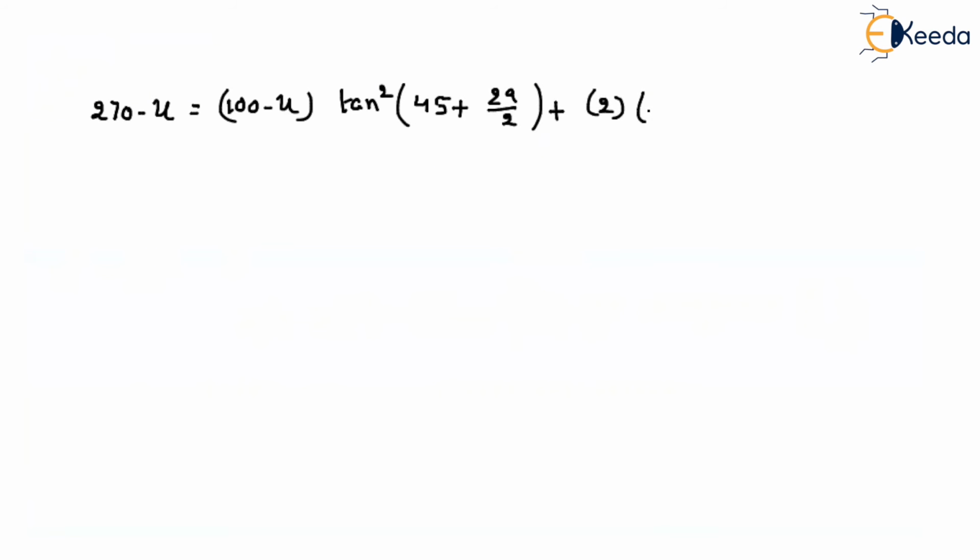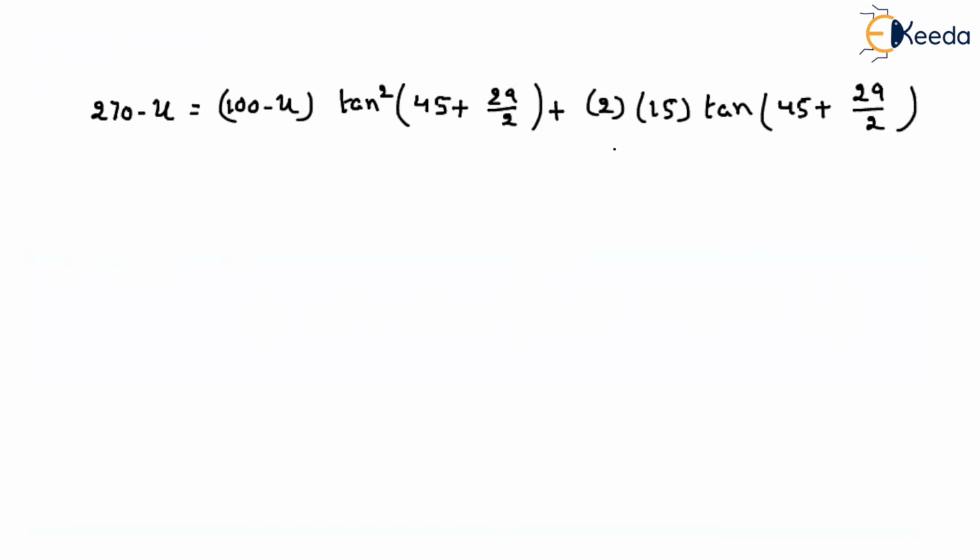Sigma 1 dash, that is 270 minus u, will be equal to sigma 3 dash, that is 100 minus u, into tan square of 45 plus effective angle of friction, which is given as 29 degrees in the question, so 29 by 2, plus 2 times the effective cohesion, given as 15, times tan of again 45 plus 29 by 2.